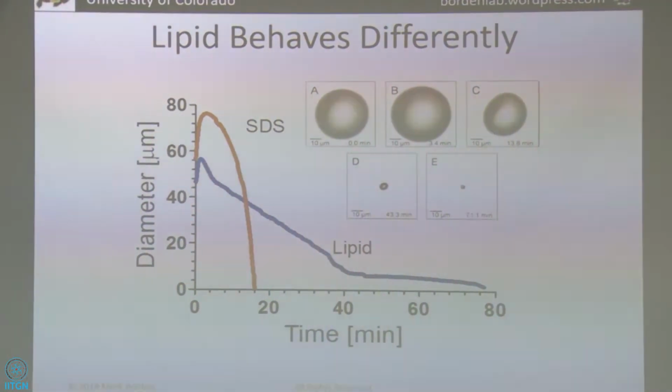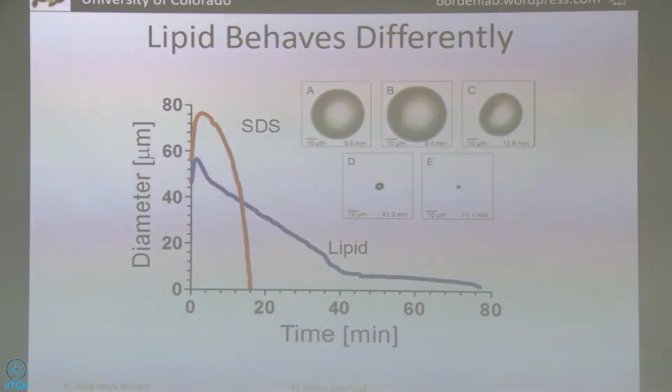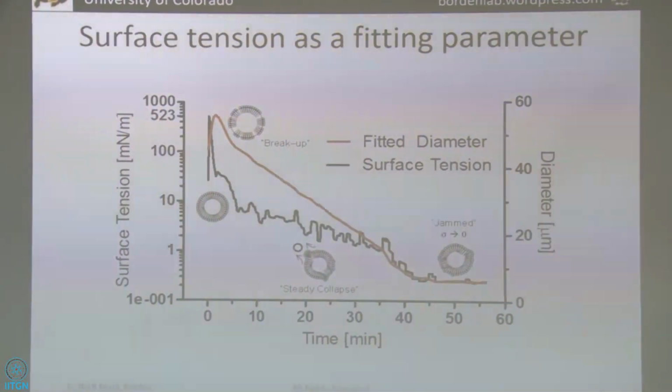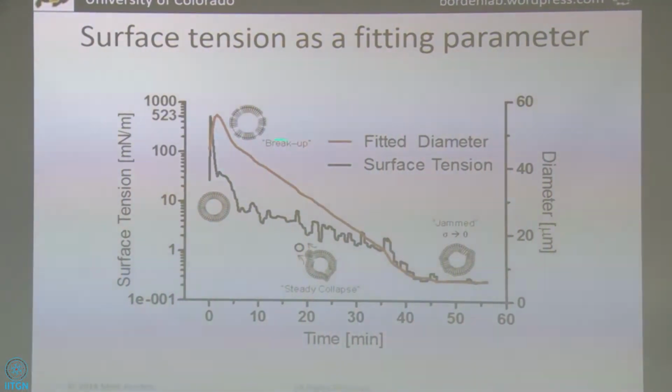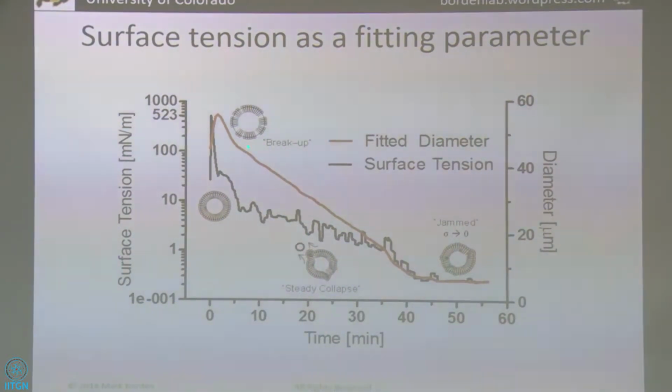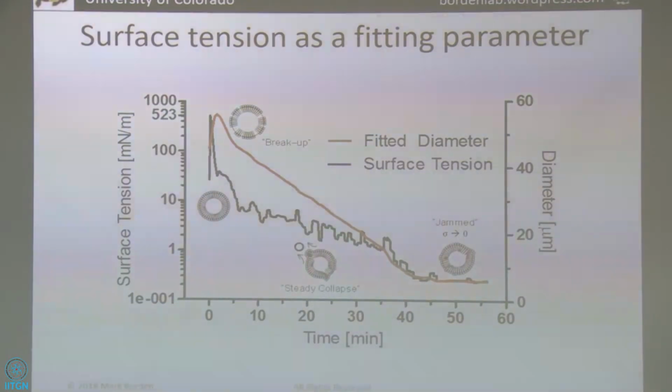It's an insoluble surfactant, it's lipid, so that's in some sense what we expect. We tried to explain what's happening with lipid by fitting the diameter using surface tension as a free parameter. Before, it was completely a prior prediction. Now we are allowing the model to fit the data via the surface tension.